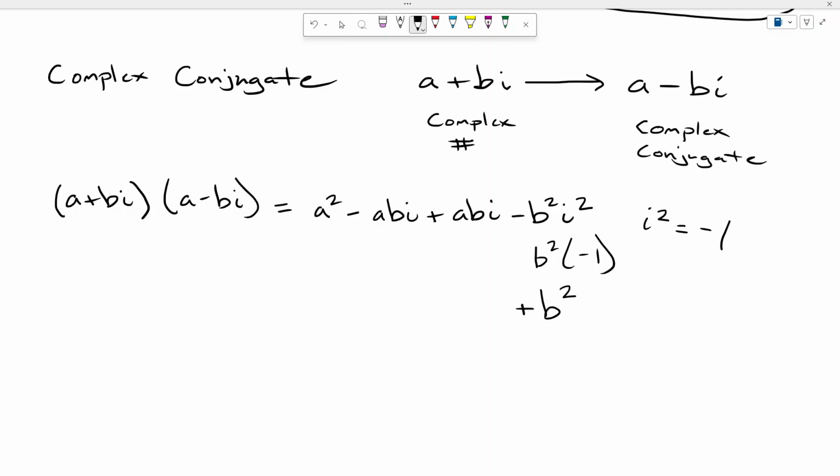And mind you, these were minus abi plus abi, so these cancel out. So all we're left with is a squared plus b squared.